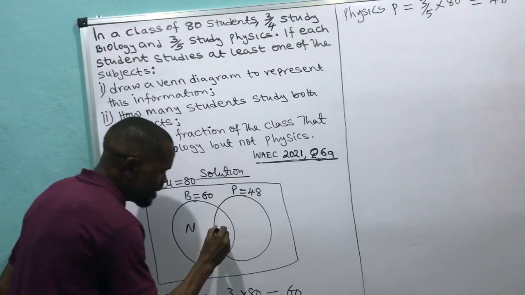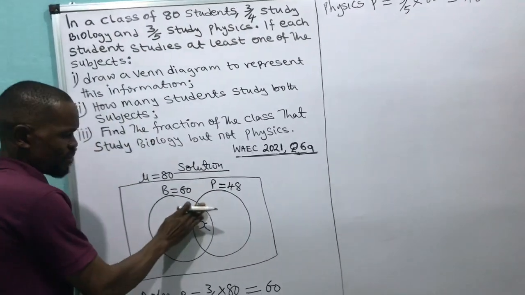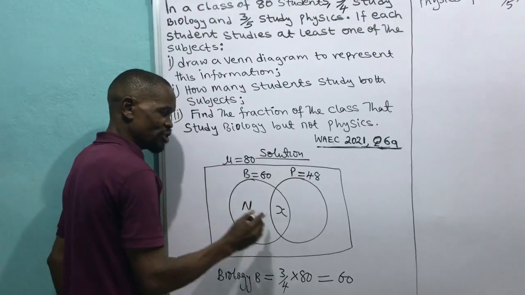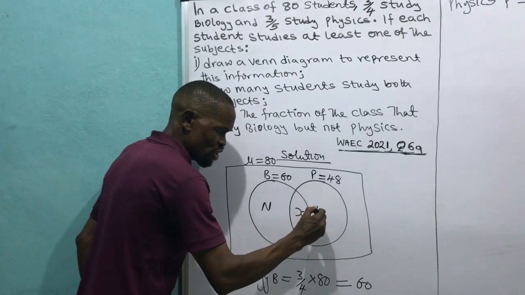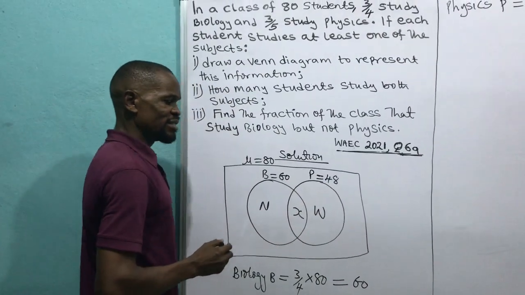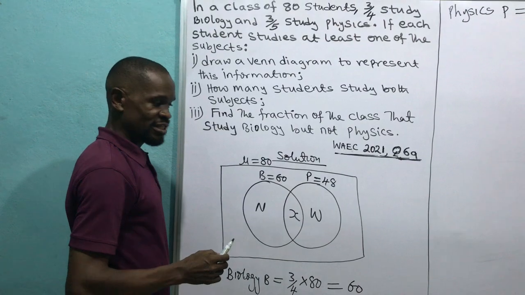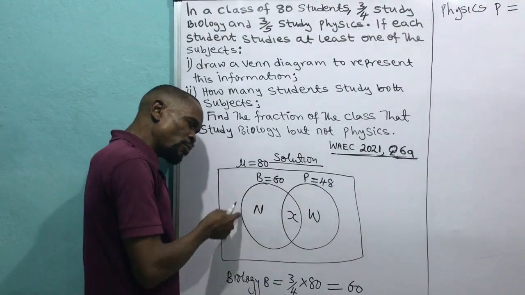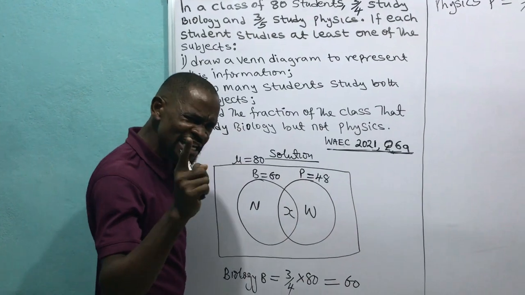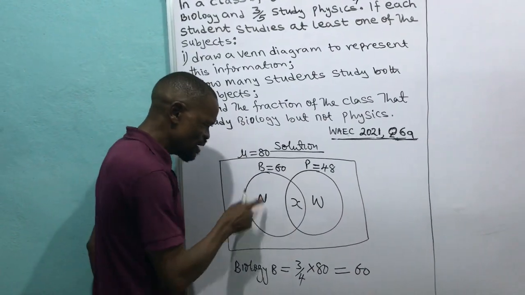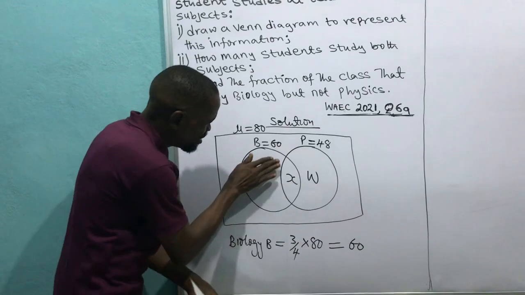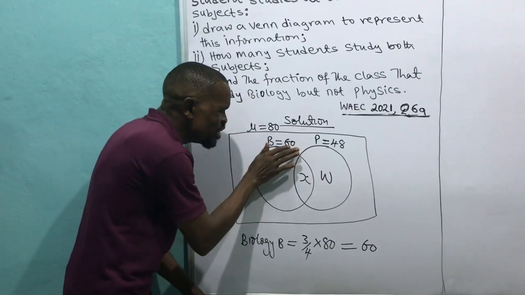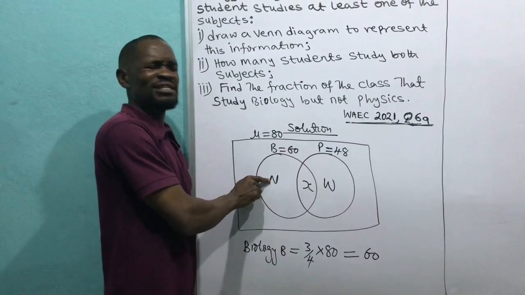Then I put 48 students. If I use X to represent the people that study both physics and biology, then I use W to represent the people that study physics only. Look at this. N stands for people that study biology only. They don't study any other thing. This place is the people that study biology only, and I use N to represent them.